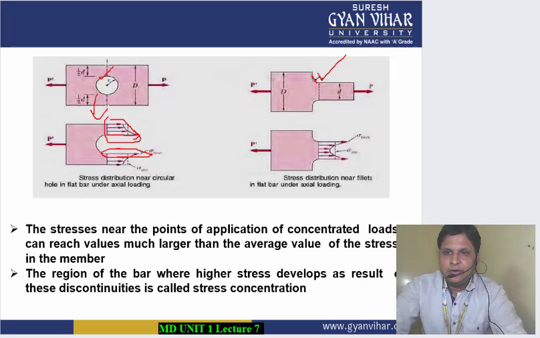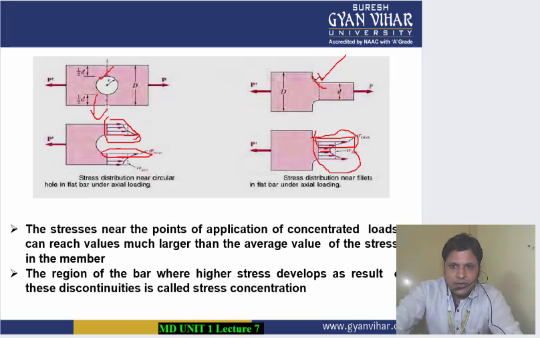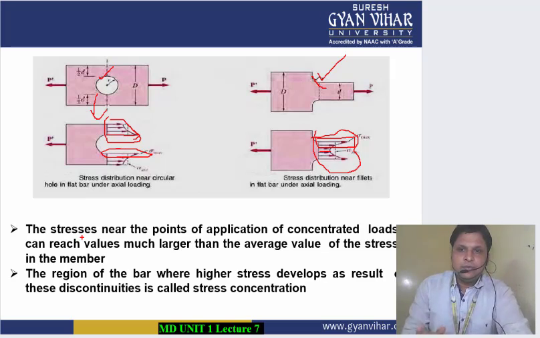Similarly, here also you can see this whole shoulder portion. The increase in the stress can be seen by this particular diagram. See, the stress line is maximum near this shoulder, and it gets smaller as we move away from the shoulder. So the stresses near the point of application of concentrated loads can reach values much higher than the average value of stresses in the member.